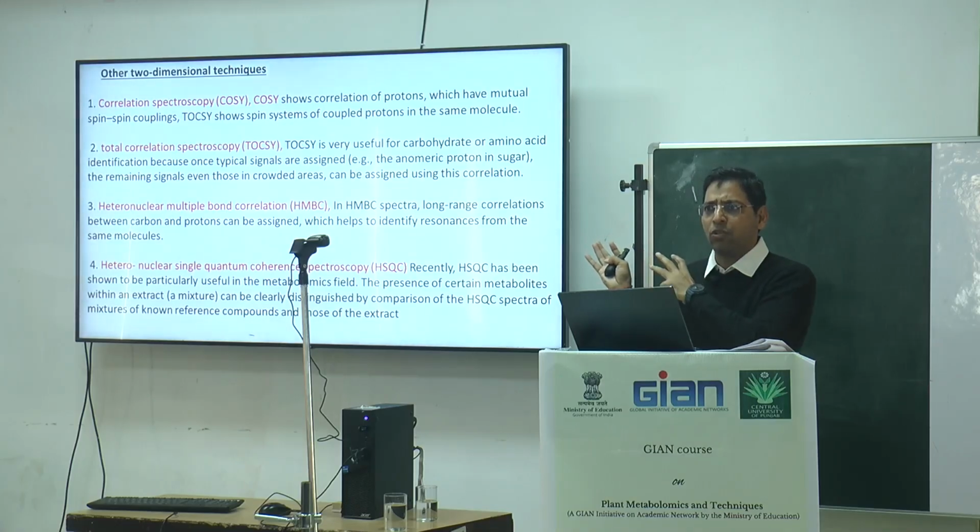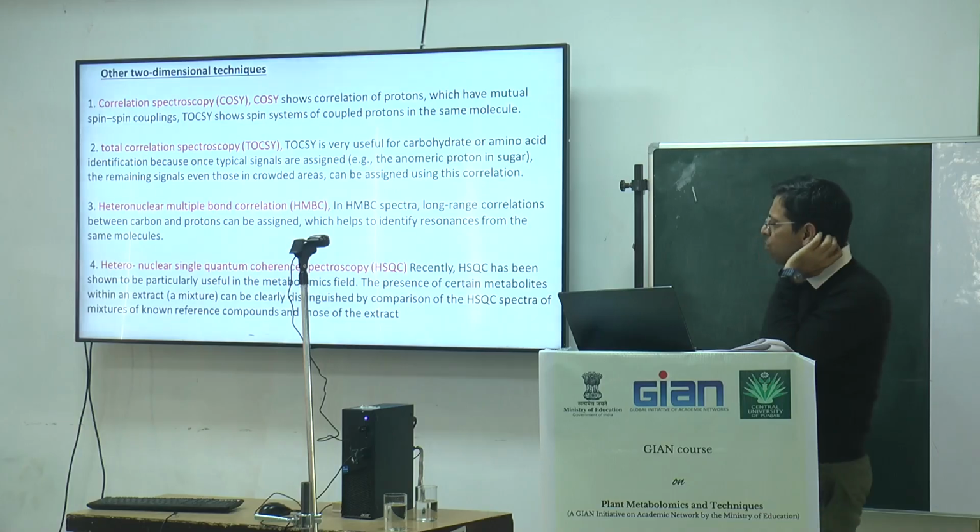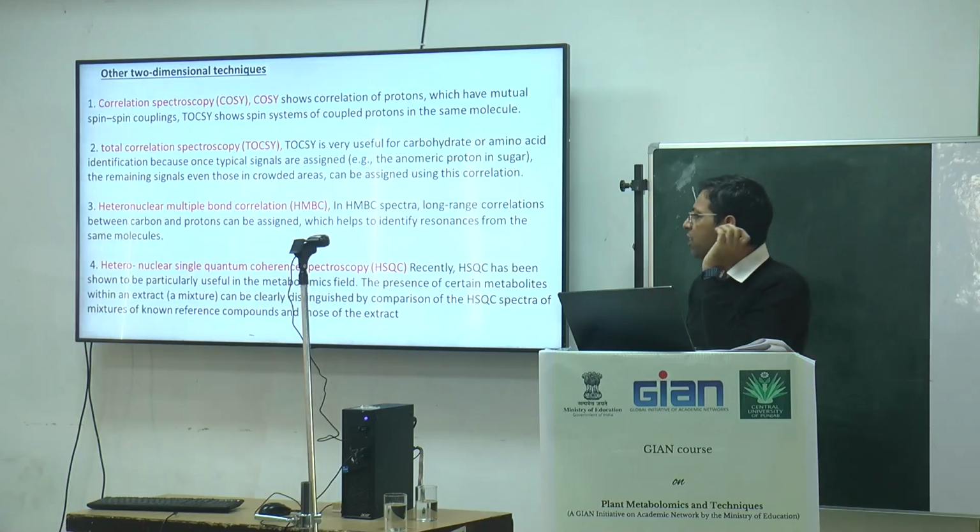The fourth one is heteronuclear single quantum coherence spectroscopy. It is very useful basically in the metabolomics field, and the presence of certain metabolites can be easily distinguished from the others in the spectra based upon some reference compound. So if you know some reference compounds, we would like to go ahead with heteronuclear single quantum coherence spectroscopy. This is a variation of the NMR basically.